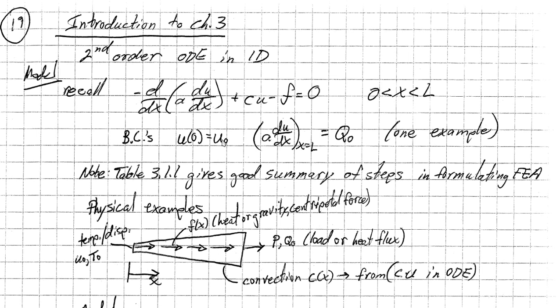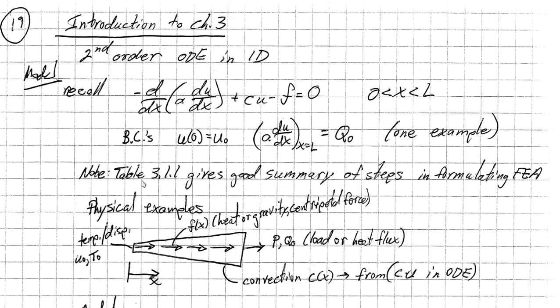This may be temperature, it could be displacement, depending on the physics of the problem. And then on the other end, or x equals L, you have the gradient of your dependent variable times some material parameter, and this is your flux or load on that end.